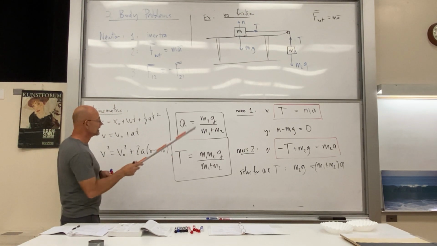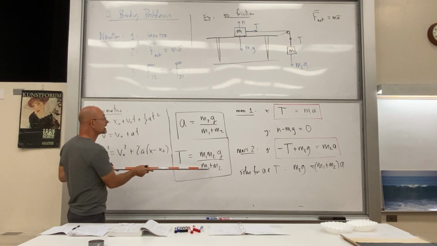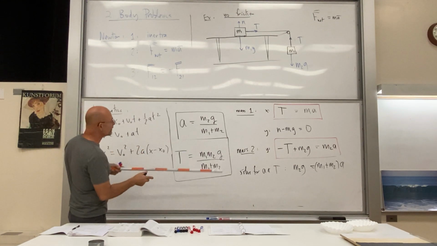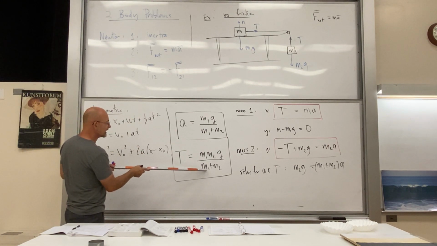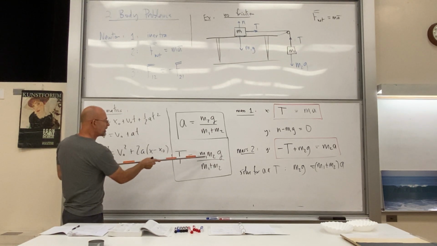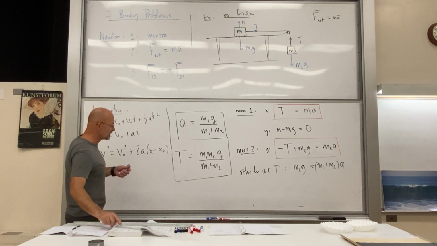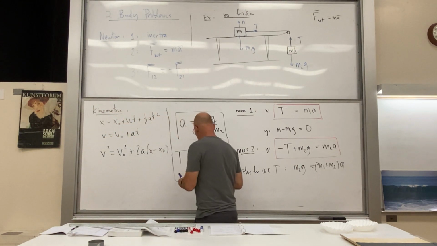Okay, we can go into the tension for that question. If M1 is much, much larger than M2, then the tension will approximately be M2 times G. I'm going to write those down.